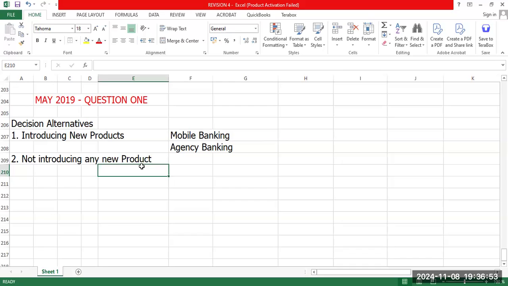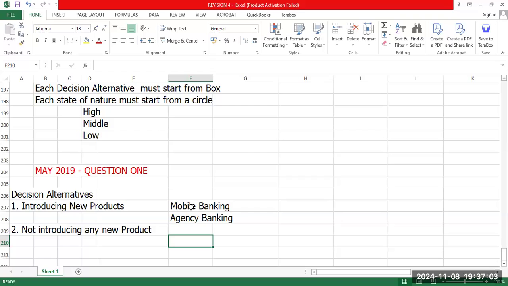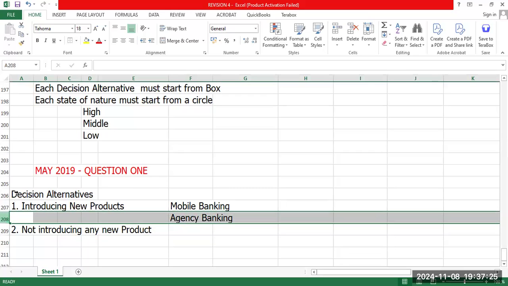Now, if you introduce mobile banking or agents banking, you realize that actually you expect customers, colleagues. You are entering into the market. And in the market, what do you expect? You expect customers. But these customers you expect are of different categories, based on the question we have read.